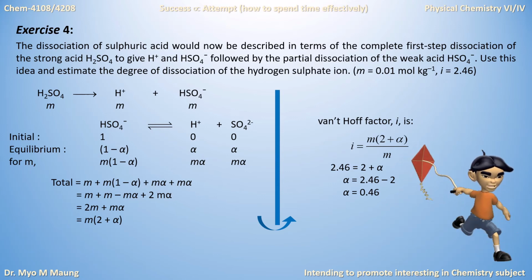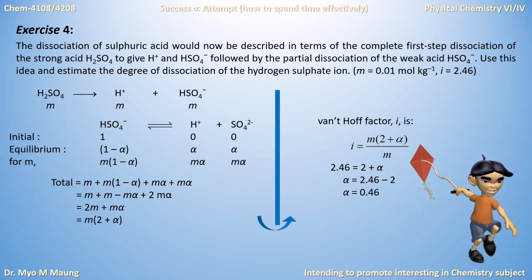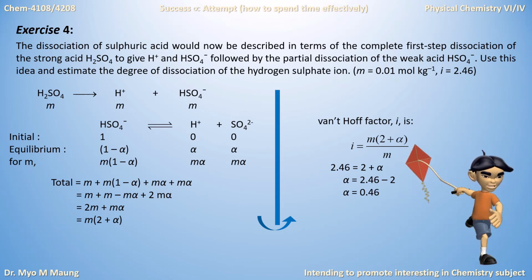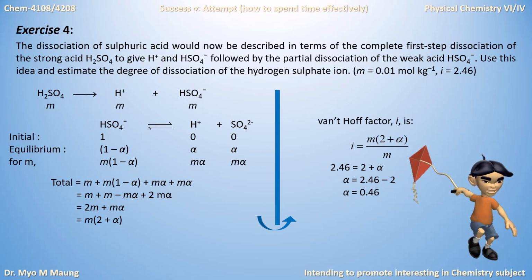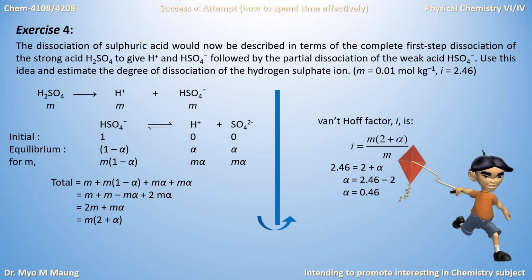Here, let 1 be the initial amount of HSO4- ion, with H+ and SO4 2- at 0. At the state of equilibrium, it becomes dissociated by an equal amount of alpha into H+ and SO4 2- ions. So, HSO4- becomes reduced to 1 minus alpha. For molality m, HSO4- becomes m into (1 minus alpha), and H+ and SO4 2- ions become the same amount of m alpha.